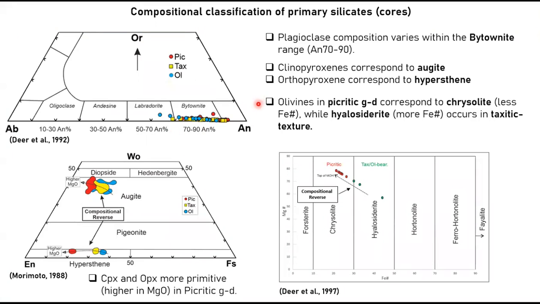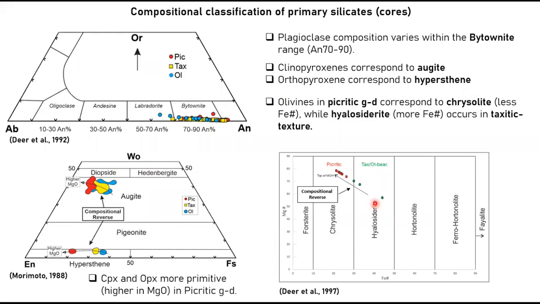So now let's check the composition of the primary silicates. Basically, plagioclase is classified as bytownite and clinopyroxene as augite, with hypersthene. However, the most important thing here is that both orthopyroxene and clinopyroxene show a compositional reversal, with more primitive compositions in the picritic gabbro-dolerite.